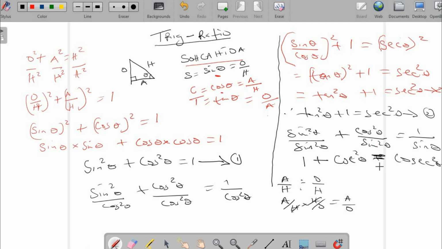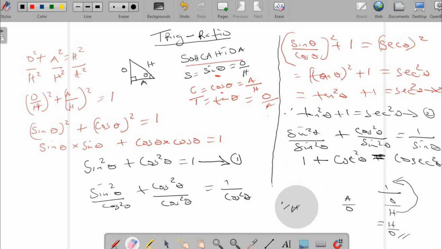Now 1 over sine theta: sine is opposite over hypotenuse, so if I take this up, it's hypotenuse over opposite. The inverse of sine is called cosec theta.